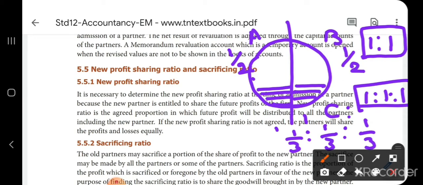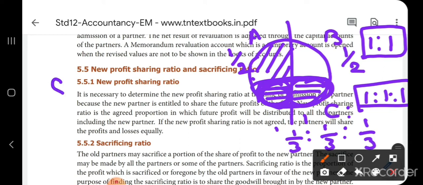Now the share which A sacrifices, this portion is called the sacrificing ratio. The share which B sacrifices is the sacrificing portion of B. Now, what is the share of C?